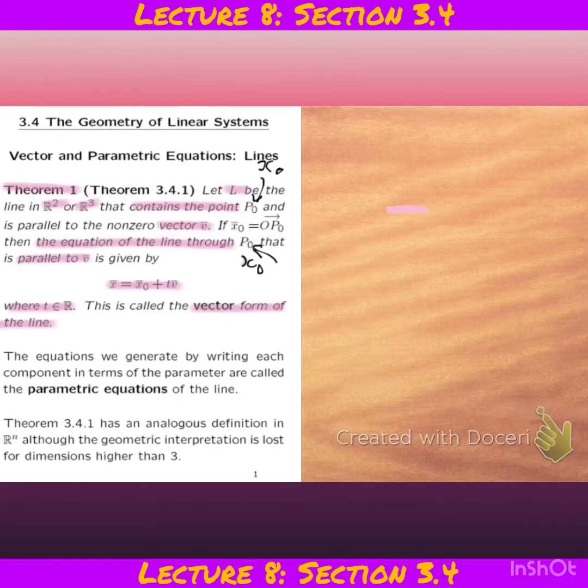Okay, now how do they get this? Let's look at R2 as an example. So here you're given your vector v. All right, and here you're given a point. Call that point, like I said, x0. So it's the point x0, y0.